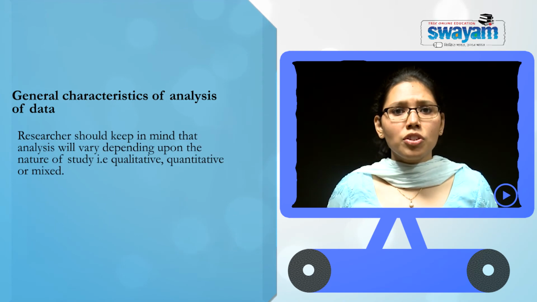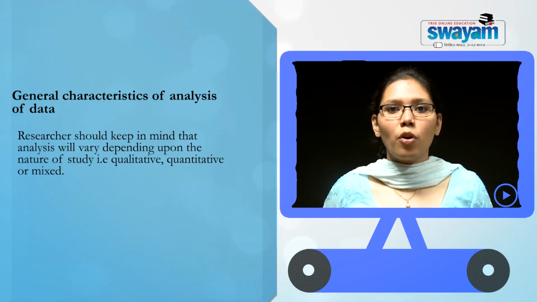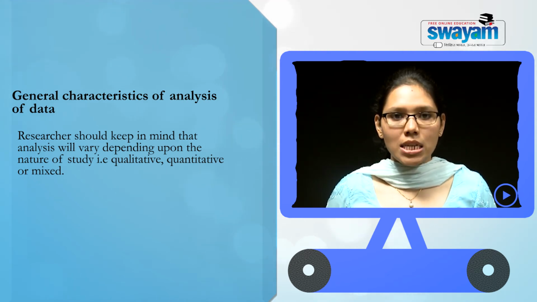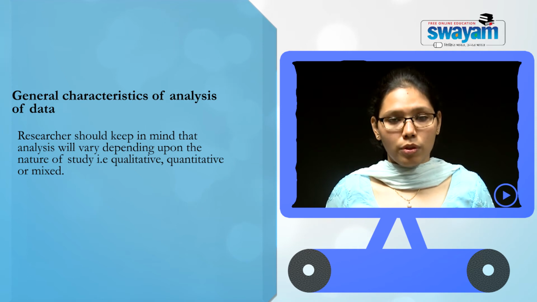What are the general characteristics of analysis of data? First, the researcher should keep in mind that analysis will vary depending upon the nature of the study. That is, whether the study undertaken is a qualitative study, a quantitative study, or a mixed combination of both.